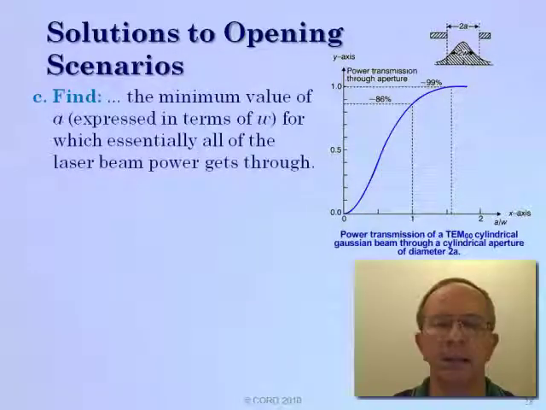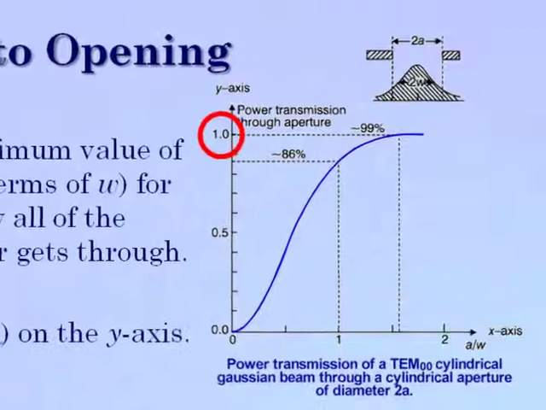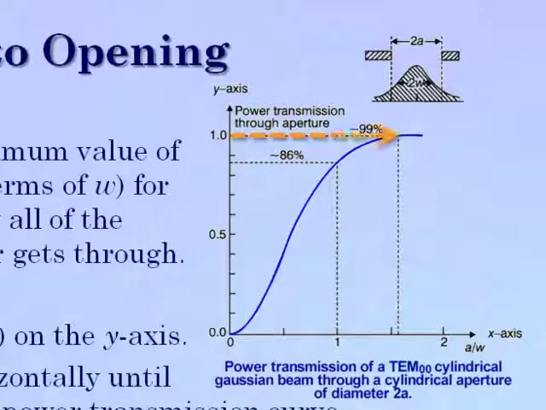And the last thing it asks us is, what is the minimum size of that aperture for which essentially all of the laser beam power will get through? Inquiring minds would like to know. So let's find out. We'll locate 1 or 100% on the y-axis, and as before, we'll move across till we reach the curve.